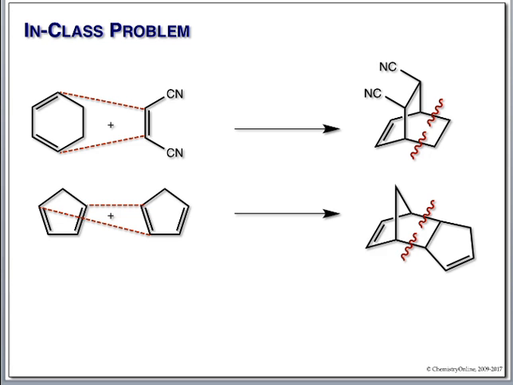This is one 5-membered ring unit, and this is the other 5-membered ring unit. Artistically, it is a very slight challenge, but I'm sure you're up to it. Any question?